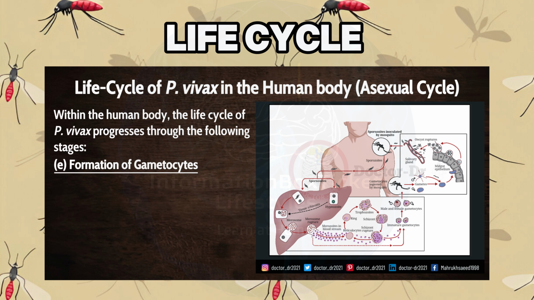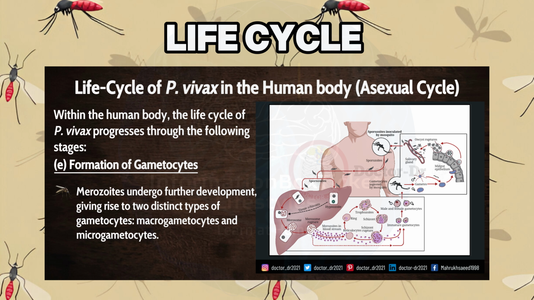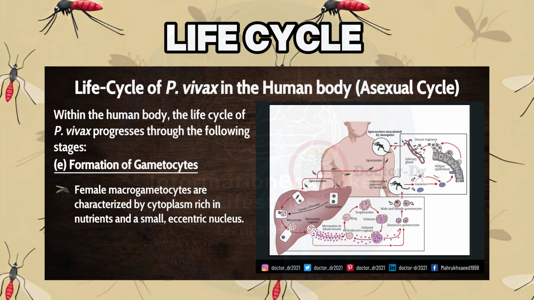E. Formation of gametocytes. Merozoites undergo further development, giving rise to two distinct types of gametocytes, macrogametocytes and microgametocytes. The exact trigger for gametocyte formation remains unknown. Female macrogametocytes are characterized by cytoplasm rich in nutrients and a small, eccentric nucleus.